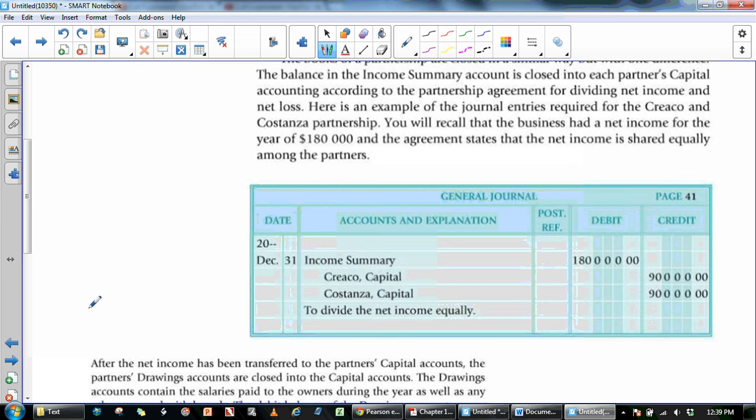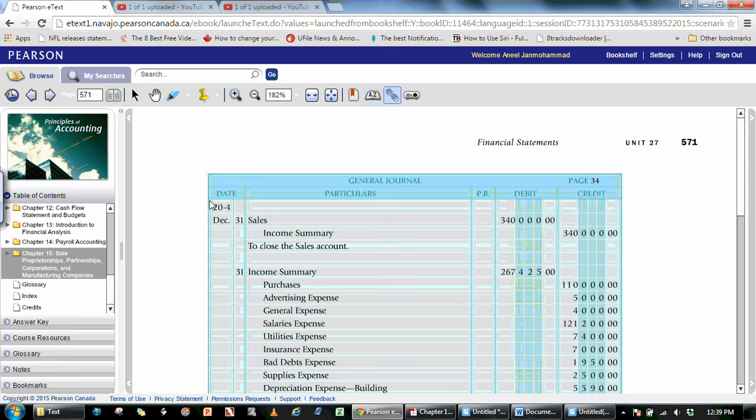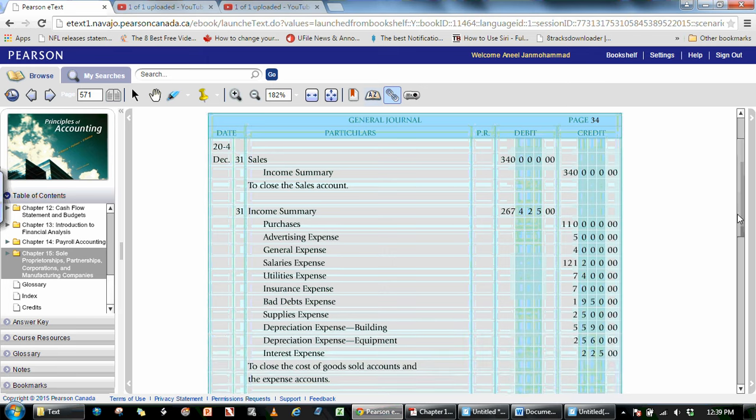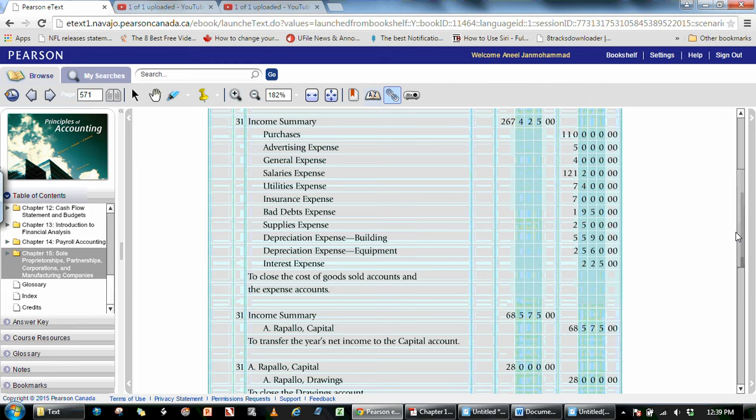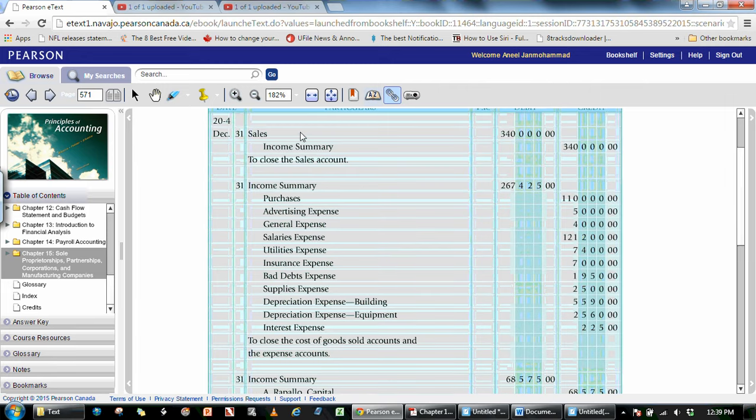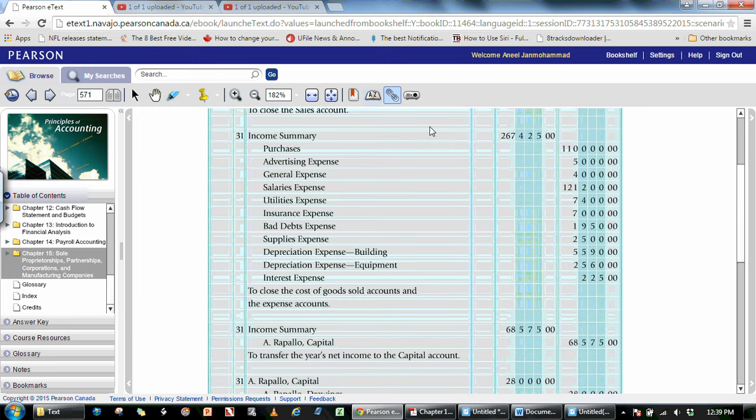Now let me take you back to the page where we learned. So page 571 in your textbook, we learned about closing entries for a merchandising company, right? Remember that first we close all the revenue accounts, then we close all the expense accounts along with purchases, right? We did that.